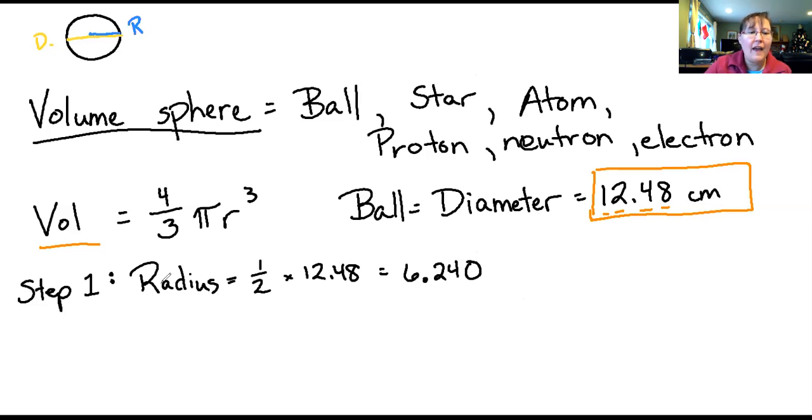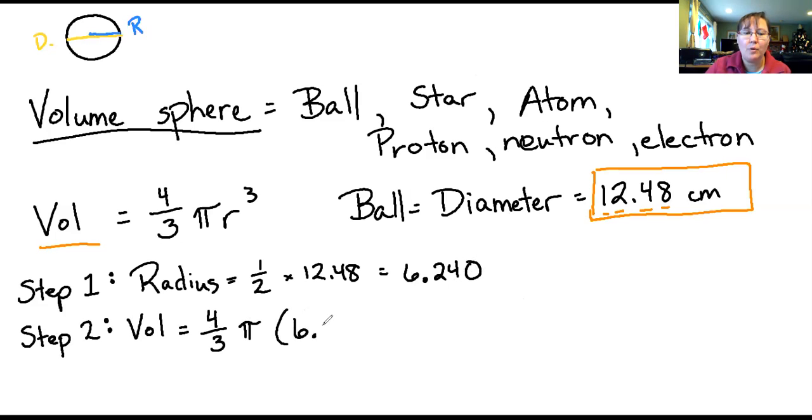All right, so then our step 2 is to find the volume of our ball, and that is going to be 4/3 times pi times our radius cubed, 6.240. Okay, now every calculator does this a little differently. I highly encourage you to grab yours.